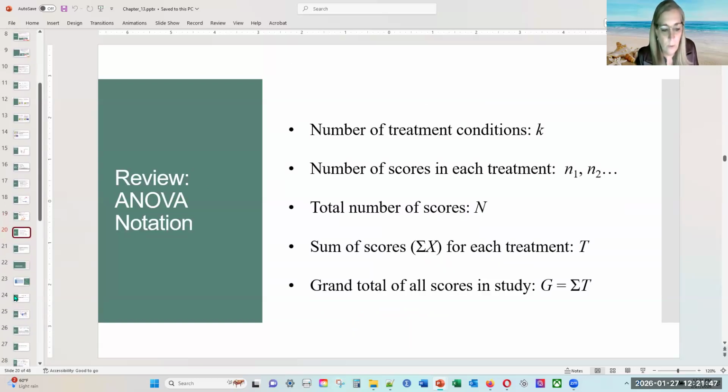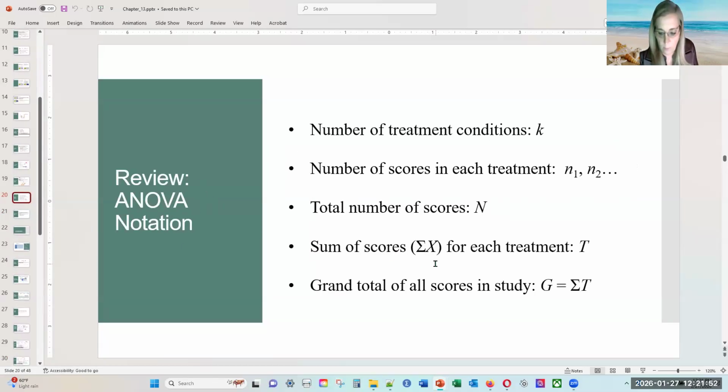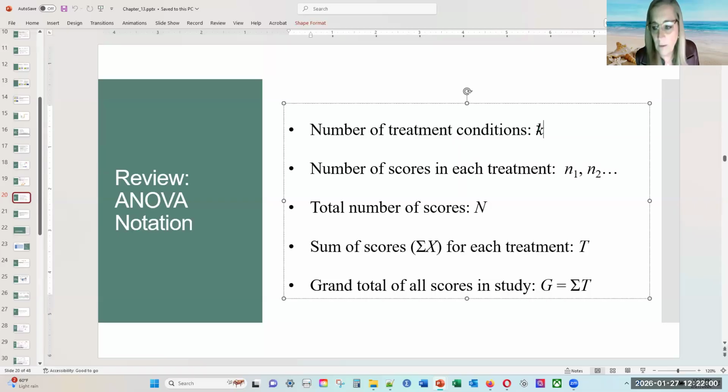All right, so just to review the notation for ANOVA, there's no difference here from the last chapter. It's just a review. Recall that treatment conditions or the groups for each factor are referred to as K. Also, the number of scores in each treatment is a lowercase n, and the total number of scores is uppercase N. The sum of scores for each treatment is T, and then the grand total is G, which is where you sum up the totals from the groups.